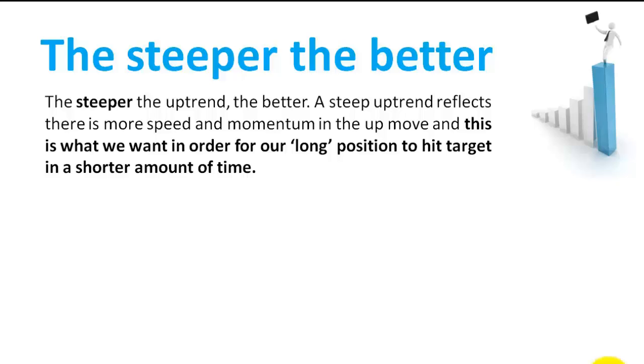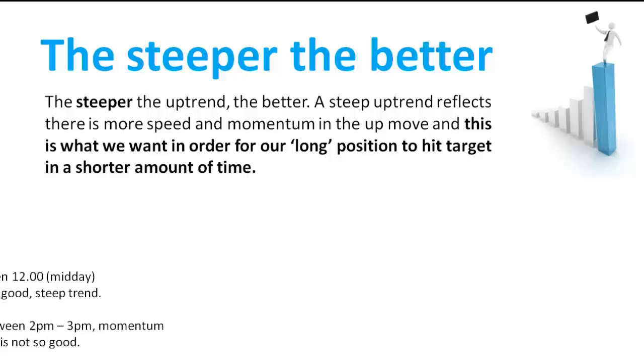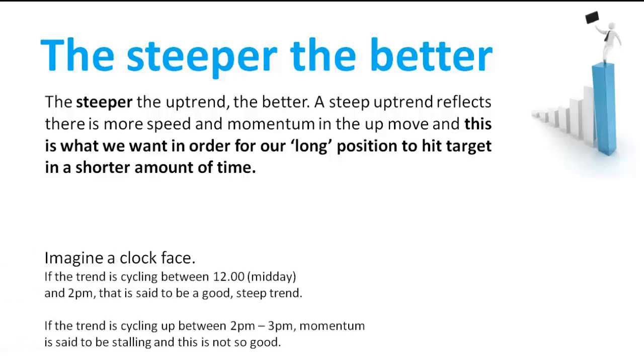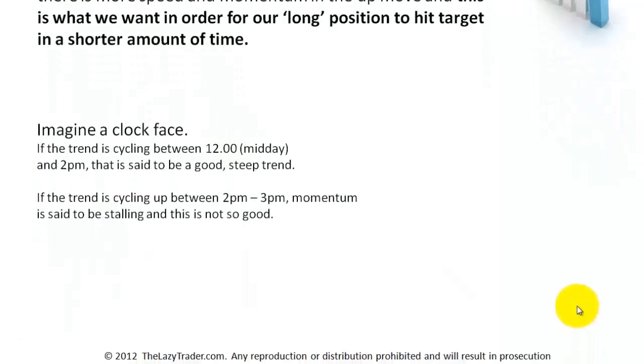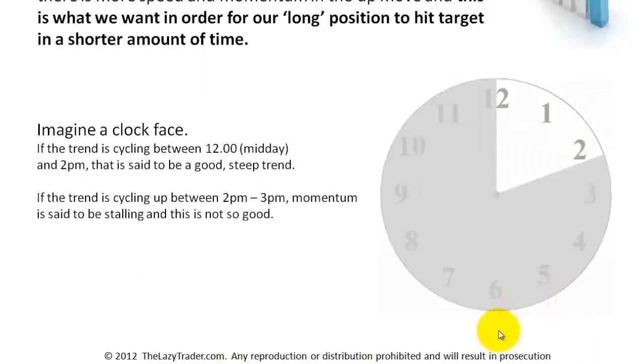So a steep uptrend, and indeed the subsequently angled moving average, reflects that there is more speed and momentum in the up move, and this is what we want in order for our long position to hit target in the shortest amount of time possible. So again, just like we do with cyclicity, we imagine a clock face, and what we want is our 20 moving average, or most recent moving average, to be facing between 12 and 2 p.m. in an upward trend.